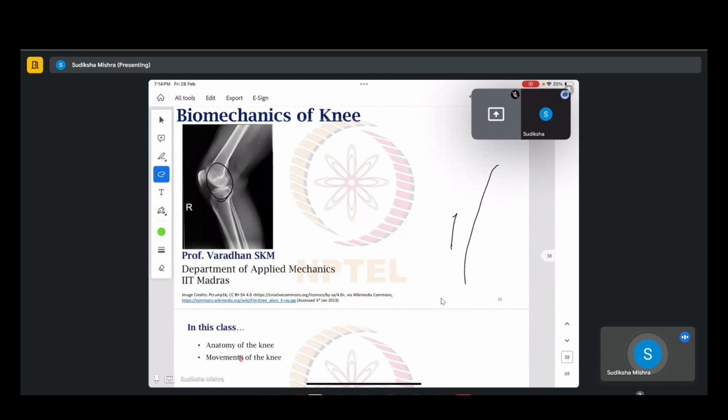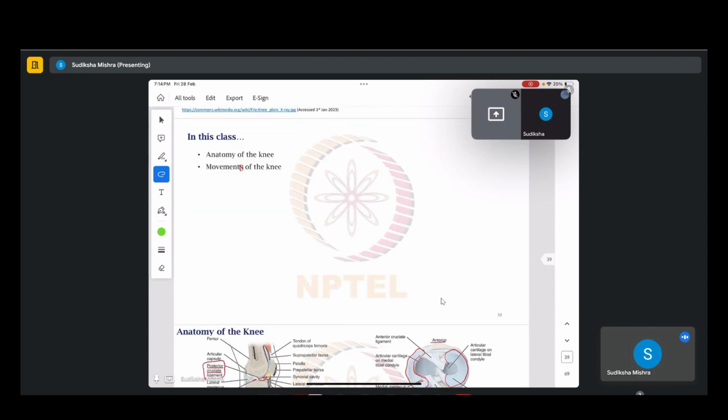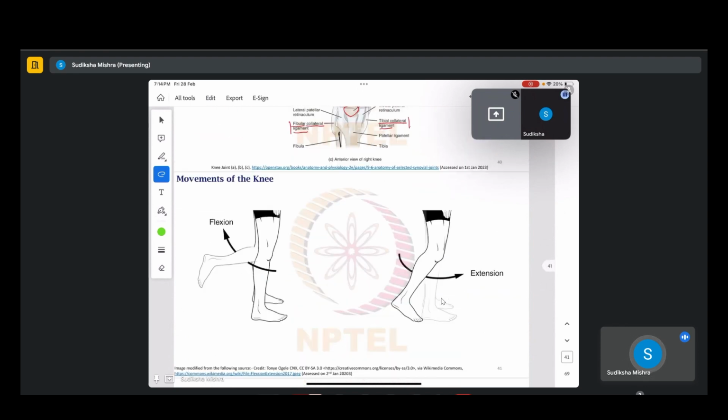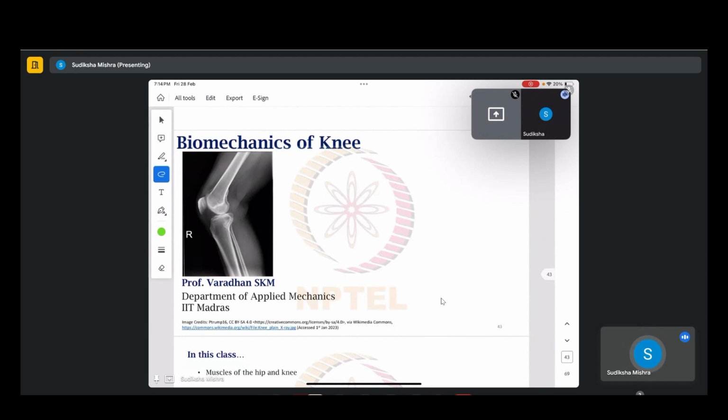We looked at the biomechanics of the knee, which is the articulation between the femur, patellar bone, and tibia. The fibula is present there, but a lot of articulations occur between these three bones. We looked at the anatomy of the knee, the movements of the knee, all of the muscles and the joints that are present in the lower limb.